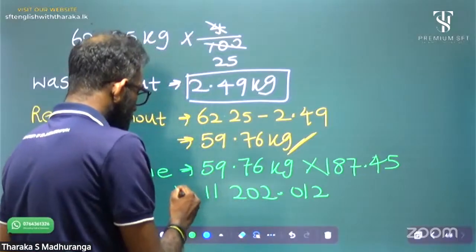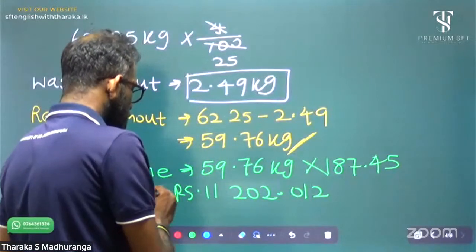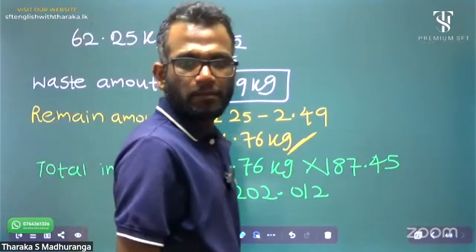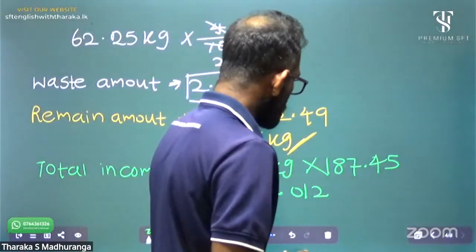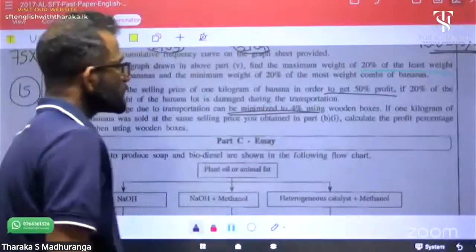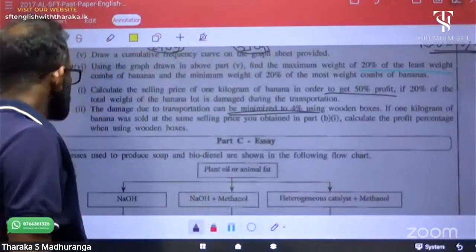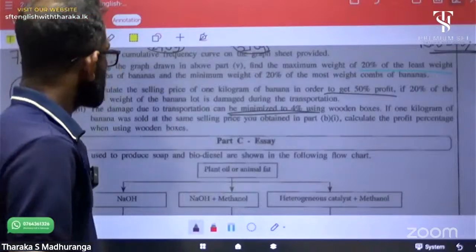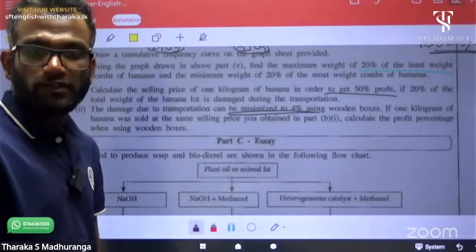This is the total income, but the question is not asking for income. The question asks, calculate the profit percentage when using wooden boxes.